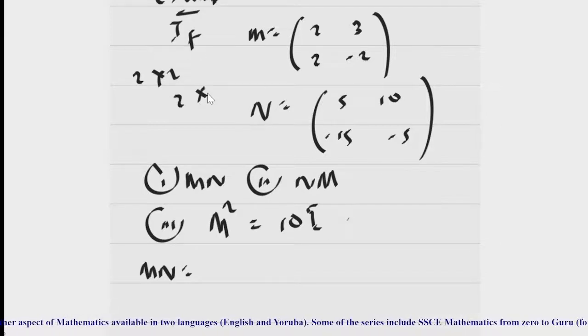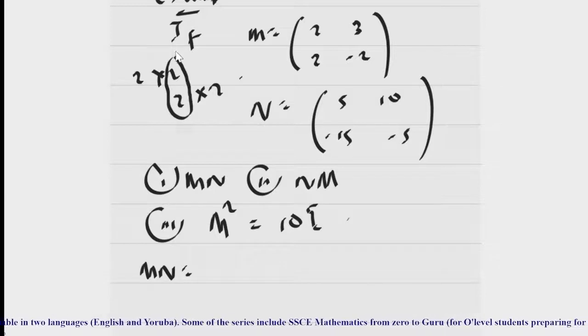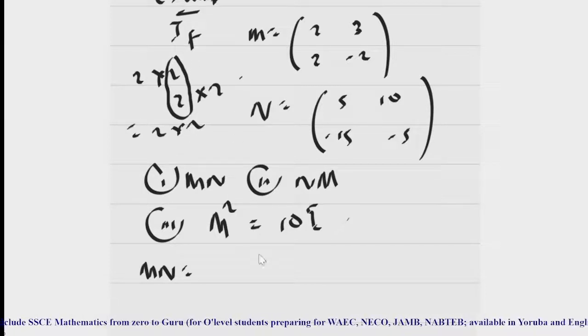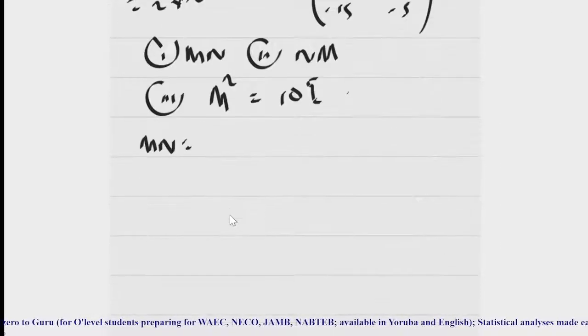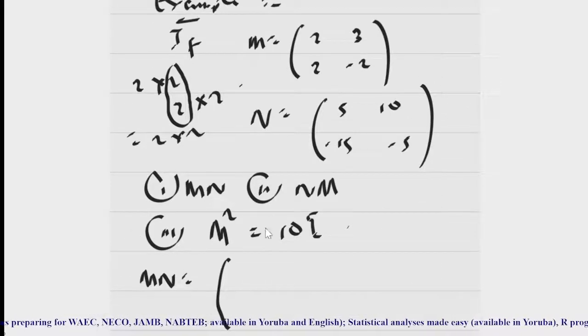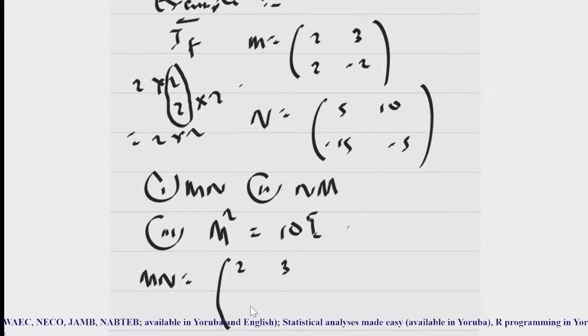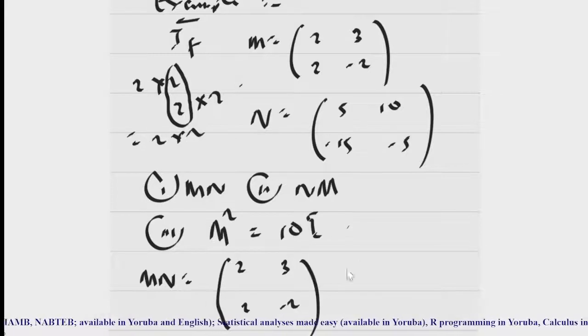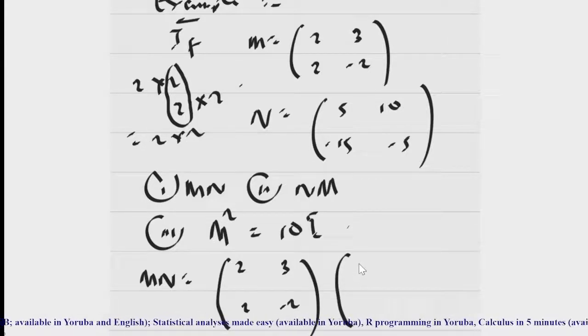And don't forget, I told you before you can multiply two matrices together, the columns of the first matrix must be equal to the rows of the second matrix. It means we are going to have a 2 by 2 matrix. Okay, now you can place them side by side. What is my M? 2, 3, 2, minus 2. Then my N is what?